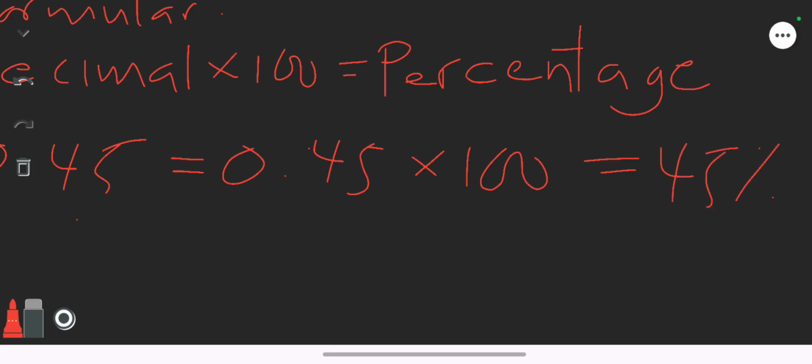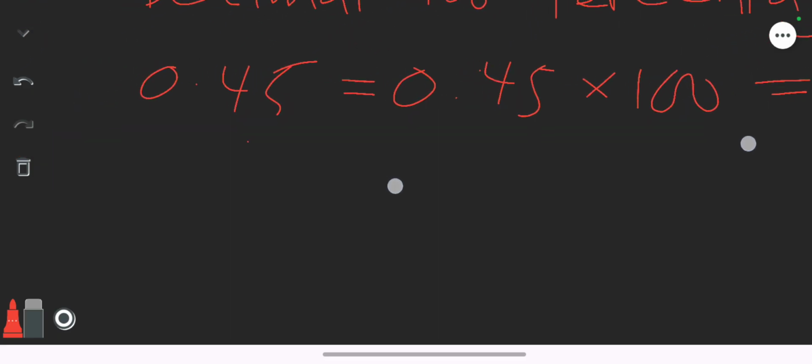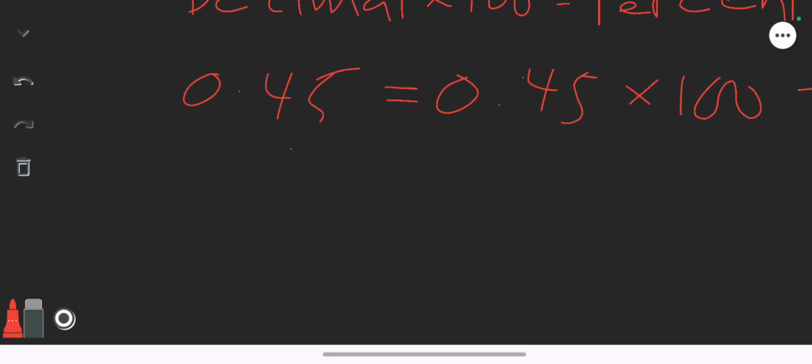There we go. So this is our first example. Now let's move on to another example. Let's say we have 0.05 and we are going to convert that decimal into a percentage.